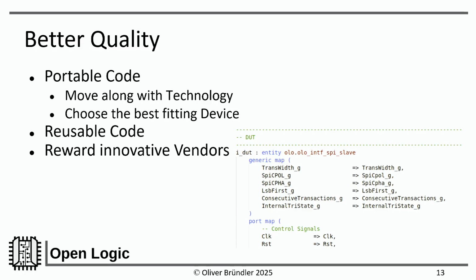We will pick the coolest and best device for our application, and these devices get the socket they deserve. All the vendors create really cool stuff. It's, in my opinion, a pity if we cannot switch to the best device just because we are locked in with some vendor macros. We should be free, and this would also lead to the vendors being rewarded for good quality, good support, good devices, whatever they do good.